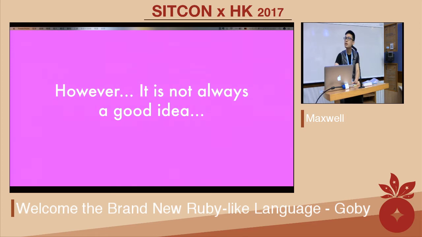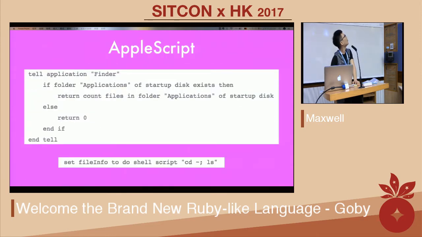However, this strategy is not always good, because let me give you an example. Look at the programming language I think is called AppleScript, which is a kind of task automation on macOS. You can see that although this program is very readable, when it comes to developing such programs, like the if statement on top, if folder applications of startup disk exists, then do something.